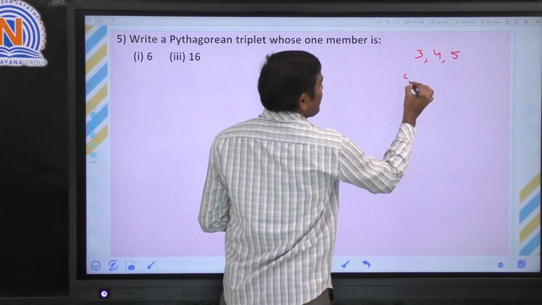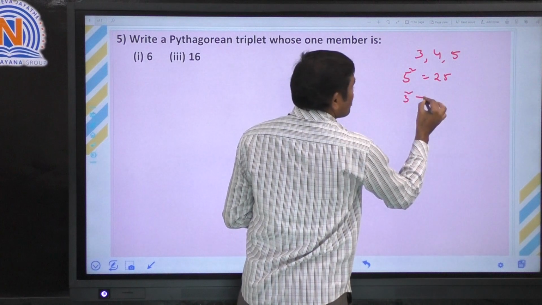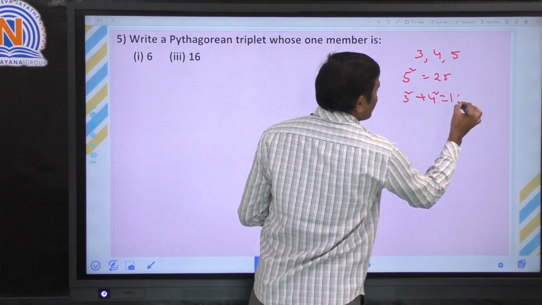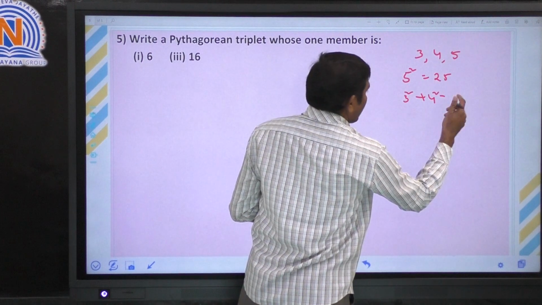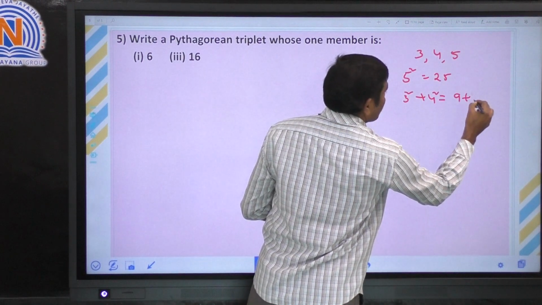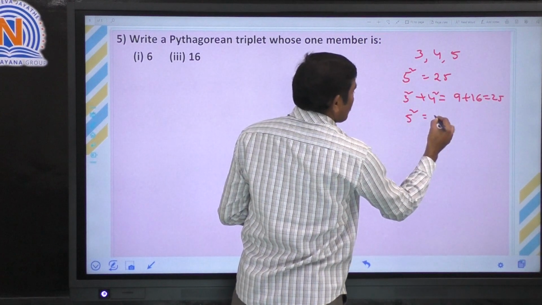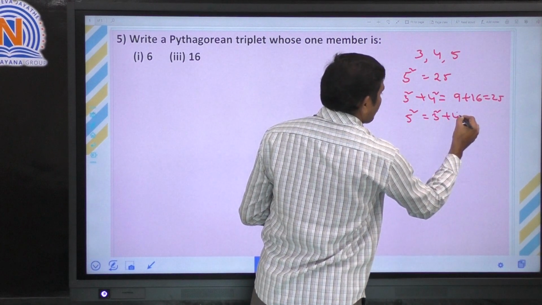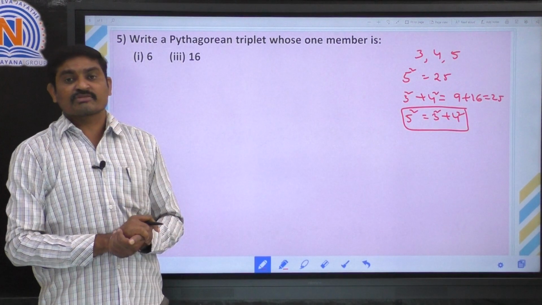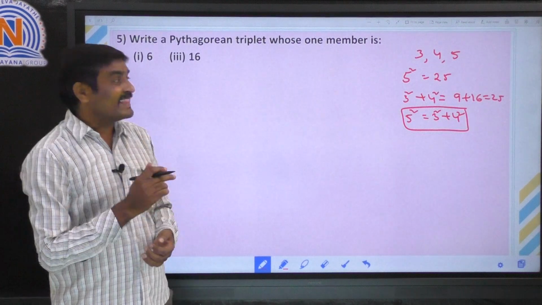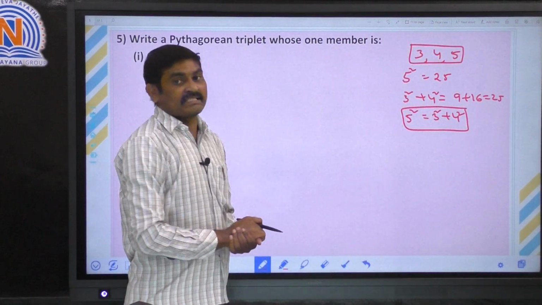Observe here, 5 square is equal to 25. Now 3 square plus 4 square is 9 plus 16, which is equal to 25. So 5 square is equal to 3 square plus 4 square. That's why these three numbers are called a Pythagorean triplet.